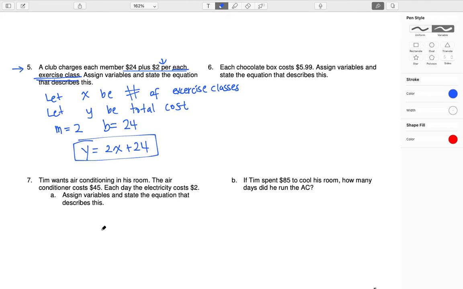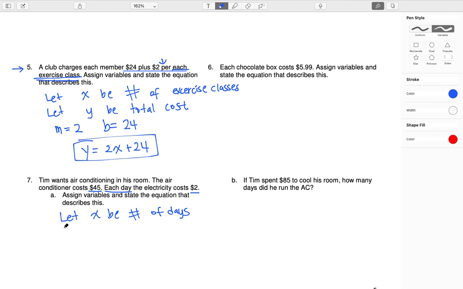So number 7, it says Tim wants air conditioning in his room. The air conditioner costs $45. Each day, the electricity costs $2. So we have to write the equation that describes the situation. It looks like each day, right? Per day. So let X be the number of days.